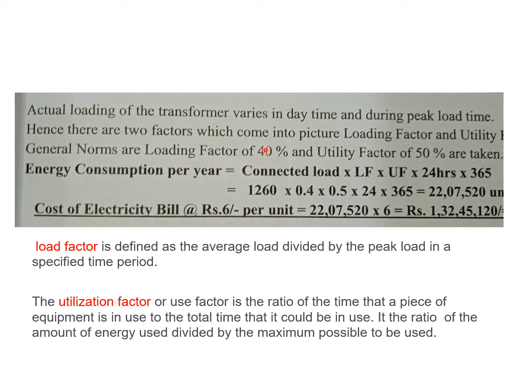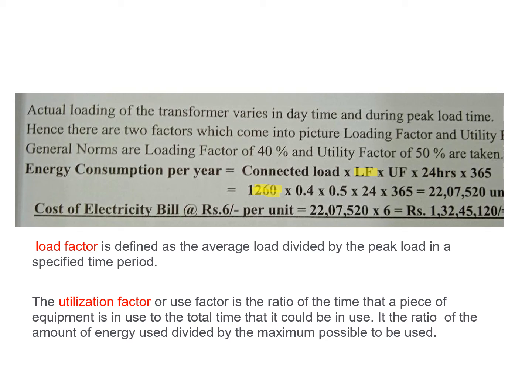The kind of energy consumption, if you have to look at now, like we figured out 1260 connected load, right? You have 1260 kilowatts of load connected at any point in time, and you have considered something called a load factor. Now, what is load factor? Load factor is the average load divided by the peak load in a specified time period.